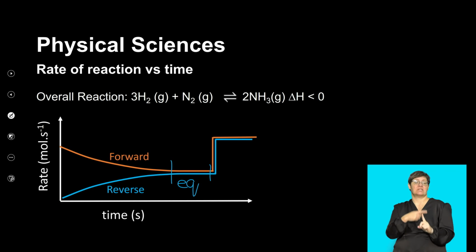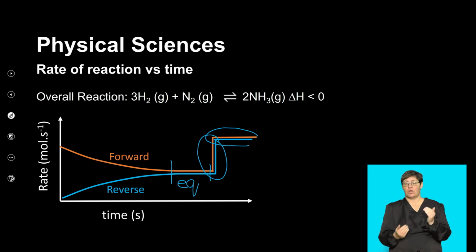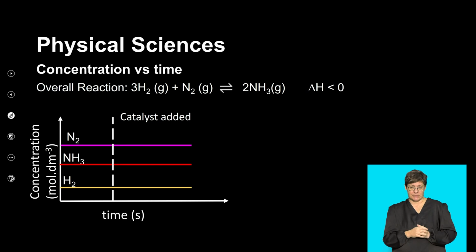Because it's a positive catalyst, it actually speeds up both reactions, but nothing else will happen. It speeds it up and it goes to a new equilibrium position. When we look at your concentration graph for a catalyst, you can see after disturbance, all your concentrations remained the same, constant.